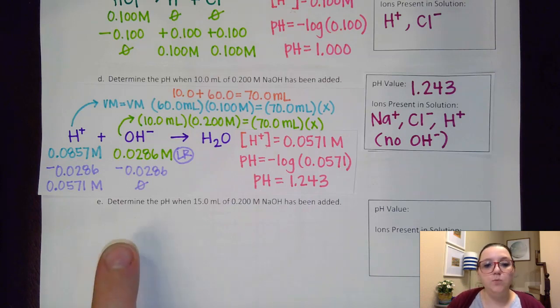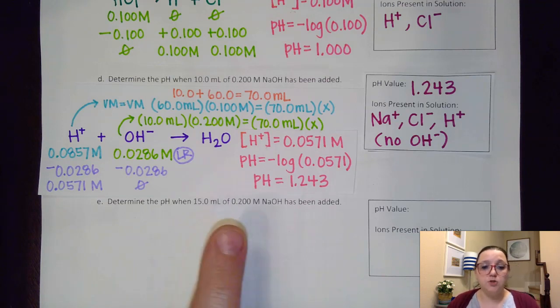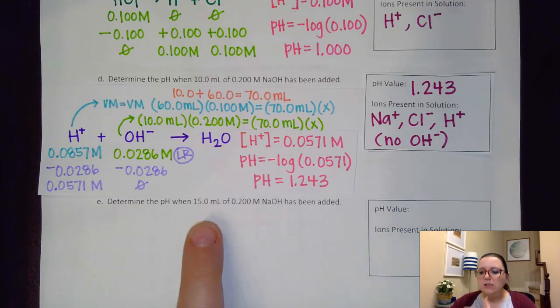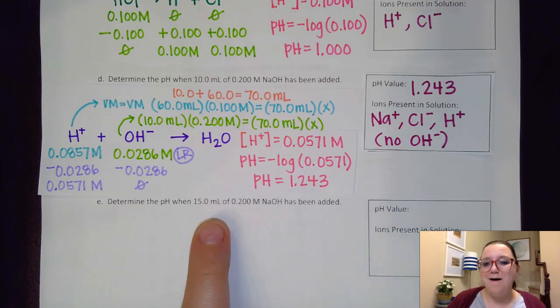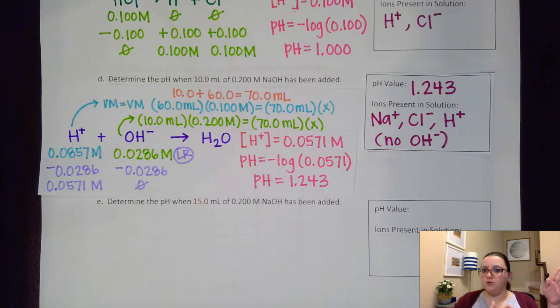Here on this next one, we want to determine the pH when 15 milliliters of 0.2 molar NaOH has been added. So now we've added a little bit more of that sodium hydroxide than we did before. Instead of adding just 10, now I'm adding 15. So again, I'm like, okay, this is a step in a titration process between a strong acid and a strong base.